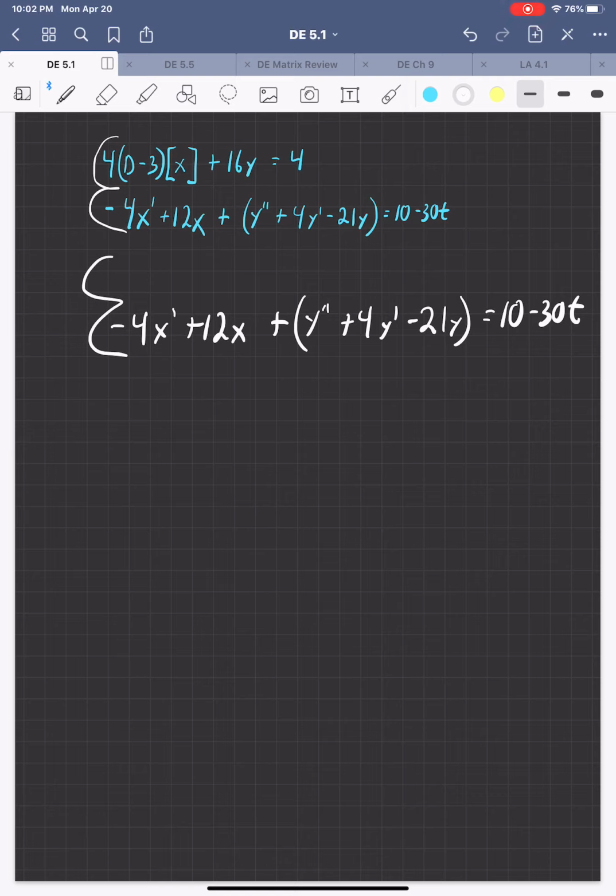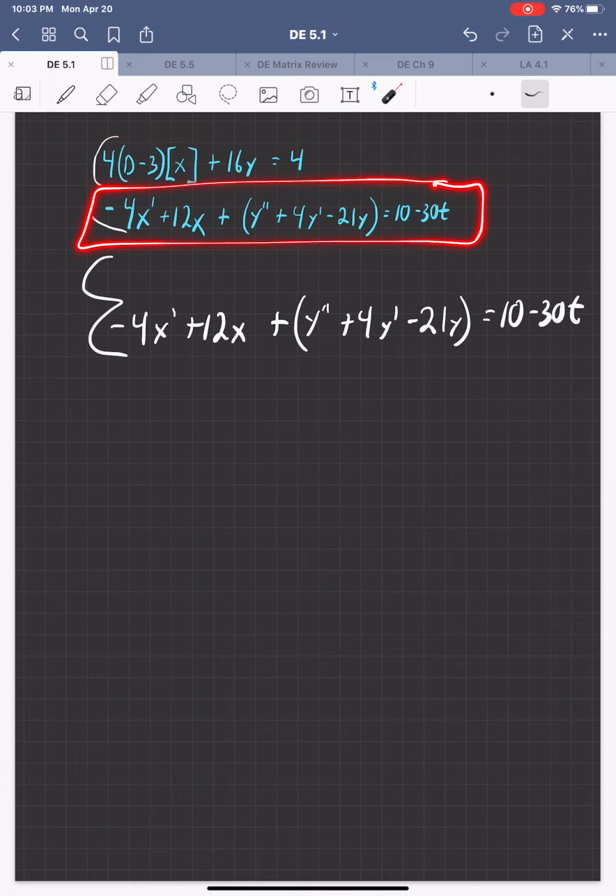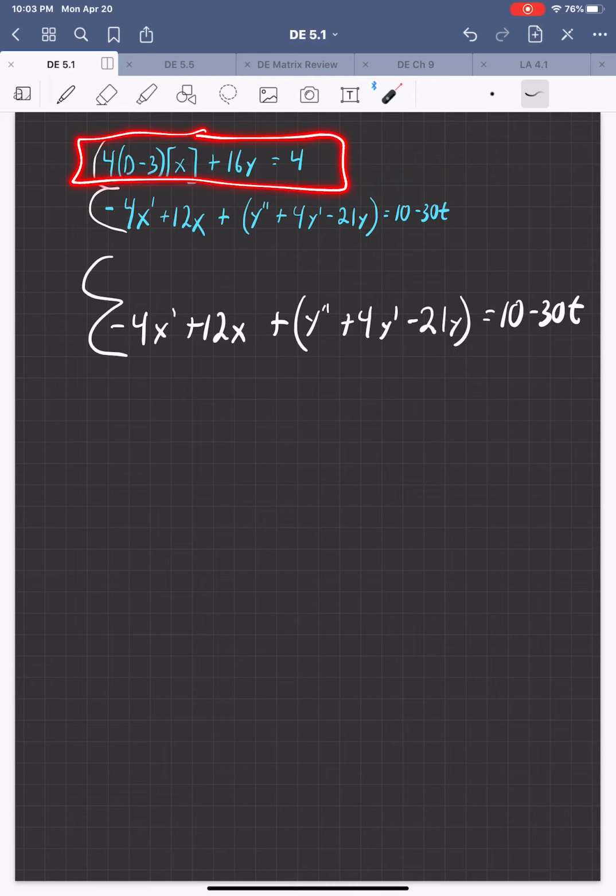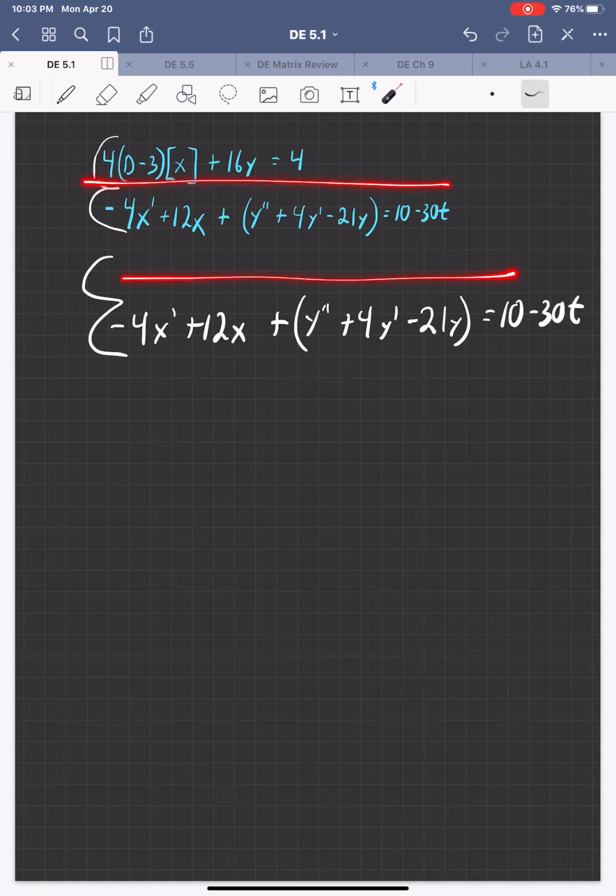So let's go ahead and, you would have a choice. You can see that this is going to cancel out. So we have our top equation in differential operator form. The bottom equation is not in differential operator form. So either you get the top equation out of differential operator form so that you can see that it cancels, or you place the second equation in differential operator form.